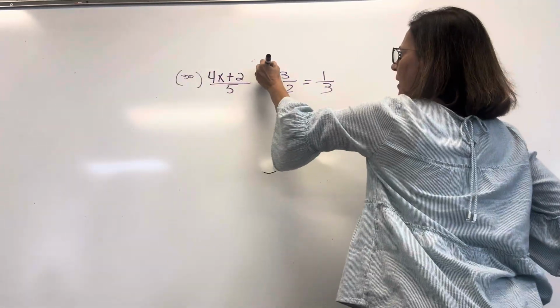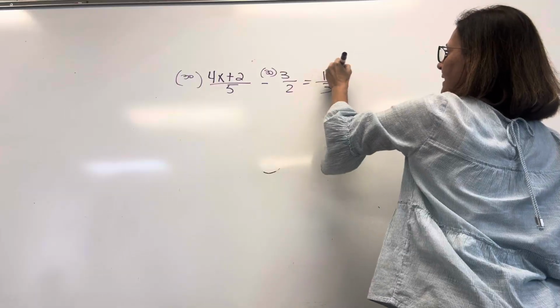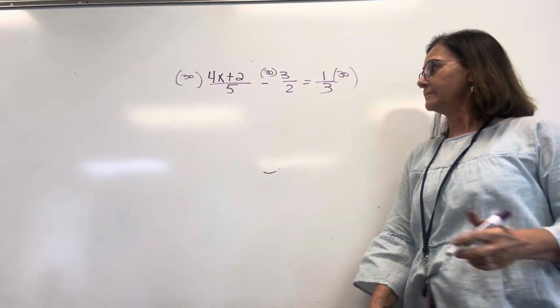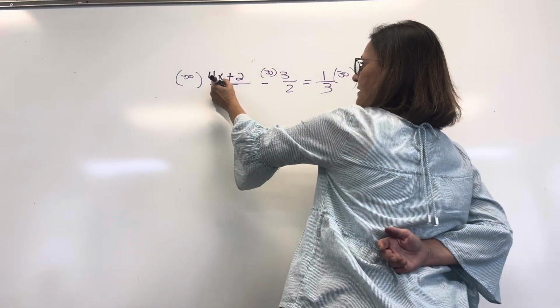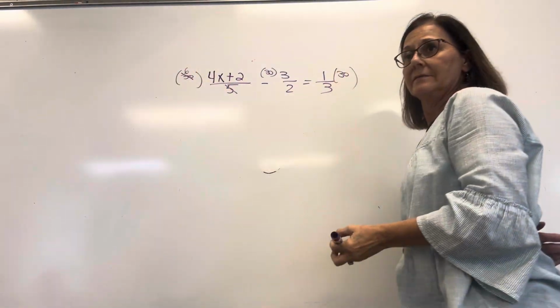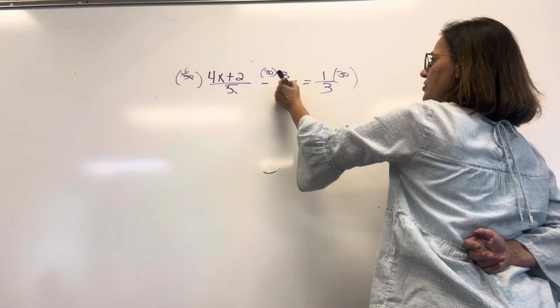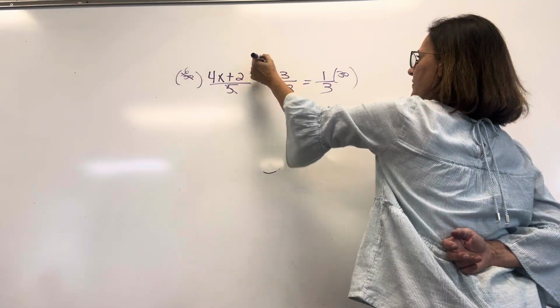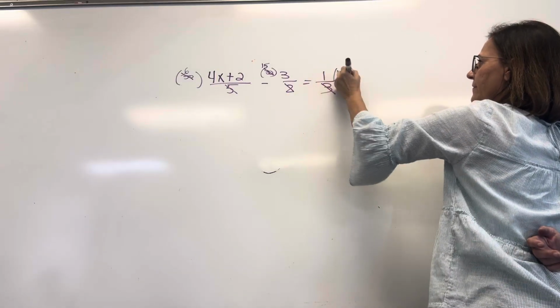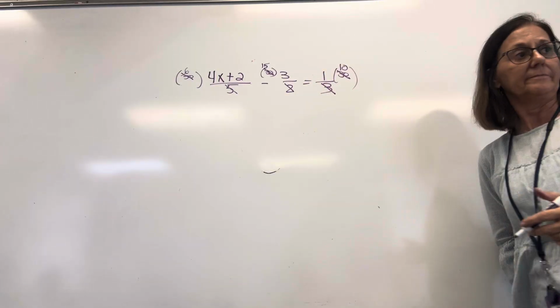But before I multiply, I simplify. And I can only simplify terms that are multiplied. So I simplify the 5 and the 30, that becomes 6. I simplify the 2 and the 30, that becomes 15. And I simplify the 3 and the 30, and that becomes 10.